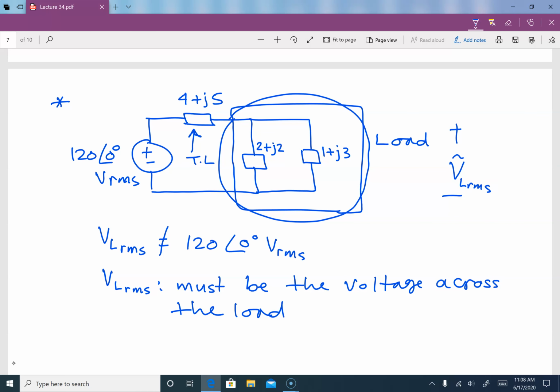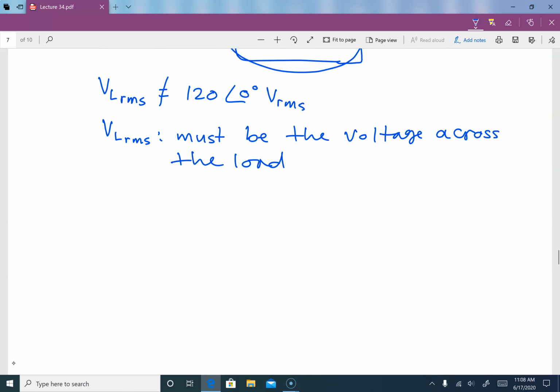How to find that? You combine these two impedances, then you will find the voltage drop across that combined load through voltage division, and then that voltage is the voltage to be used in the capacitance equation for the power factor correction. Okay, don't forget that.